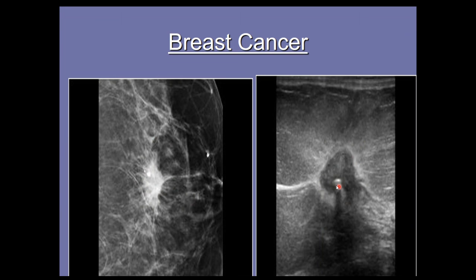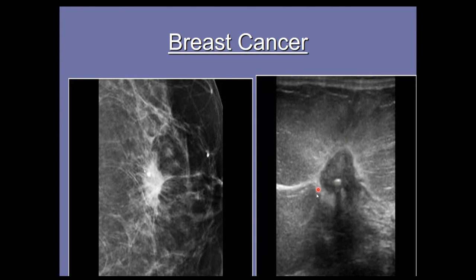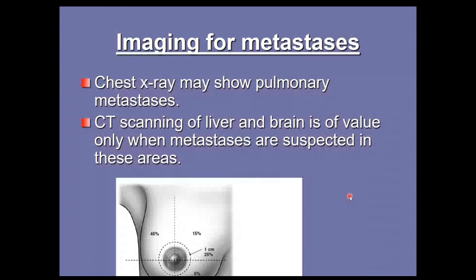Macrocalcification is a feature of benign mass, but in this case, this calcification may be old and there is superimposed malignancy. Otherwise, macrocalcification is not a feature of malignancy.